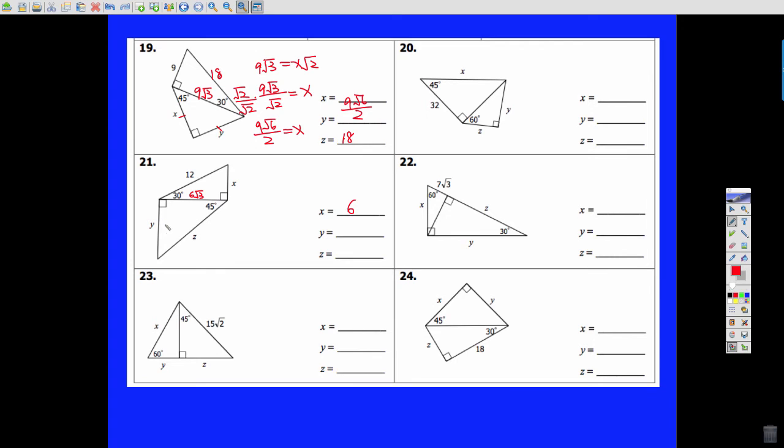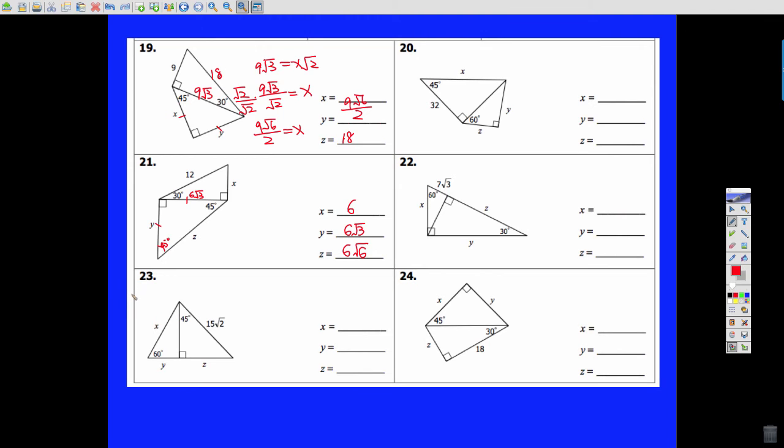In this 45-45 right triangle, this leg and this leg are congruent, so that's also 6 root 3. And if you have that, you know the hypotenuse is just that times root 2. So it will give you 6 root 6. Okay.